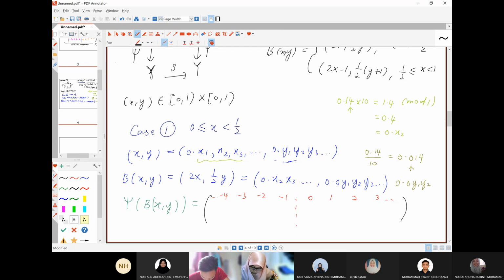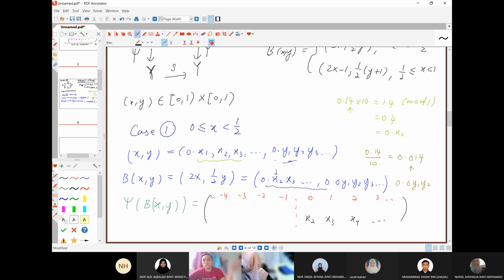Sebab sekarang ni kalau kita tengok dekat jawapan dia kat sini, dekat BXY tadi, this one, starting the first digit dia adalah x2. So the zero position here is x2, x3, x4, and so on.